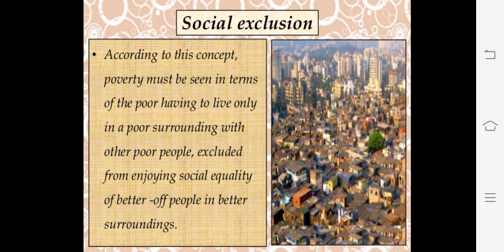So people who do not have good surroundings do not have social equality compared to people living in better conditions. So social exclusion can be given as a concept to describe poverty.